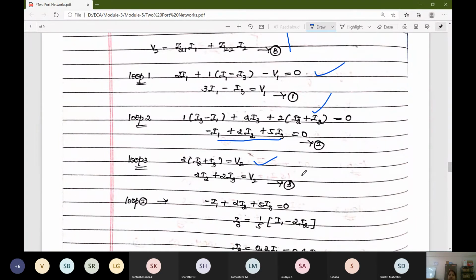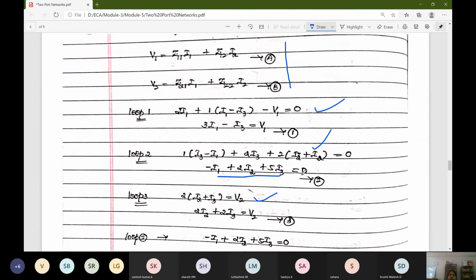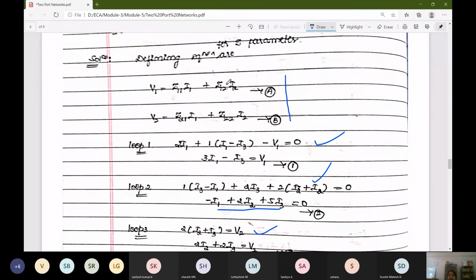See here, in our defining equations we have only I1 and I2. We don't have this I3. If you want to compare, this I3 should be removed. So always you should see how the equation is different from the standard equation.